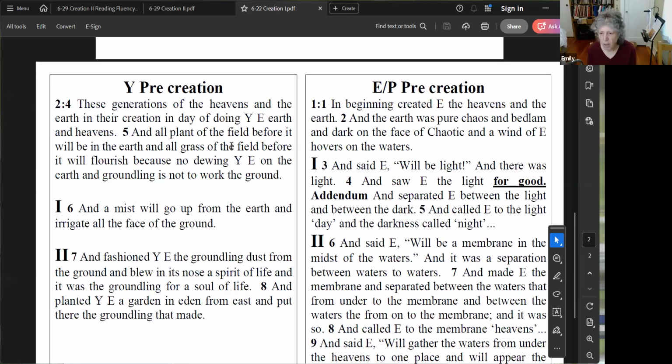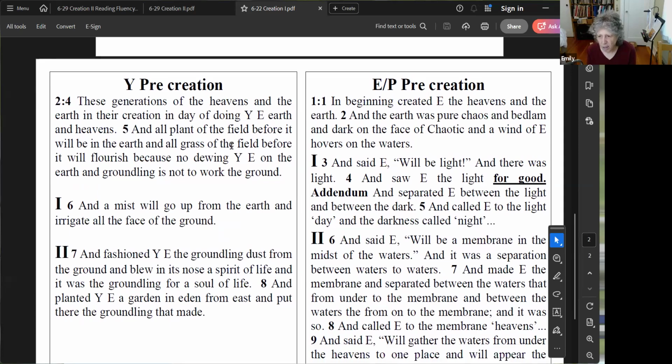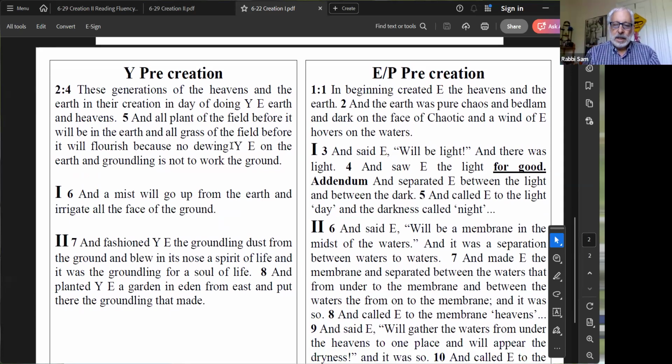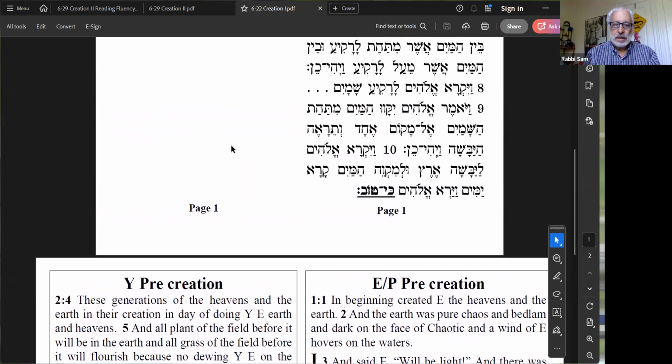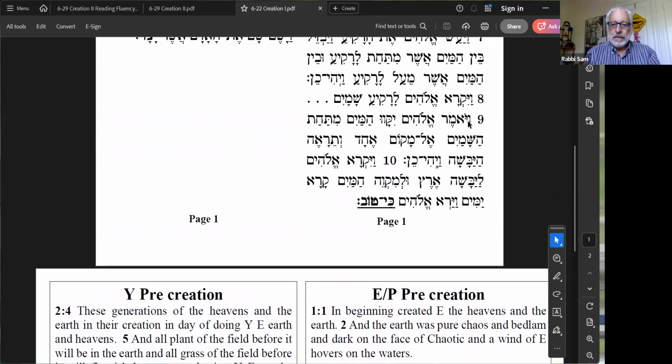Okay. And what's the Hebrew word for dryness? Yabasha. Yeah. So if you look up here, Vayomer Elohim yikavu hamayim mitachat hashamayim el makom echad v'teira'eh hayabasha, and will appear a yabasha, a dryness. And God said it, and it was.